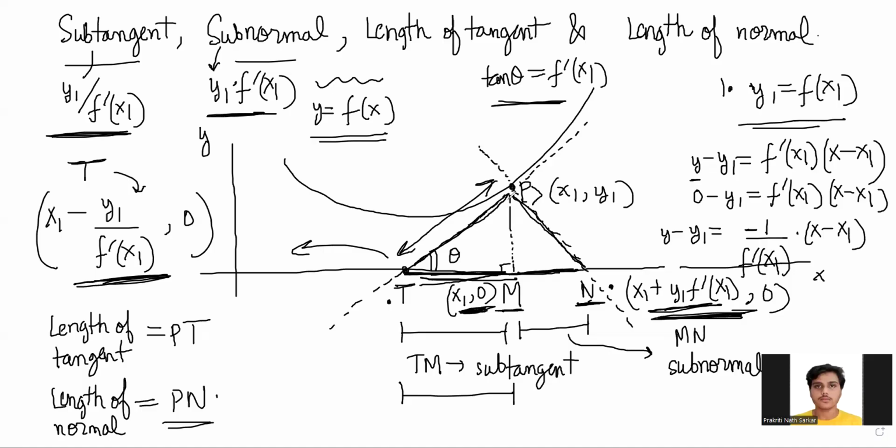Yes, sir. Because of a right angle triangle, I can say MT by PT is cos theta. So I know MT length is this subtangent. So MT by PT is equal to cos theta, and therefore PT, the length of tangent, will come in terms of theta, where tan theta is equal to f dash x1. Correct?